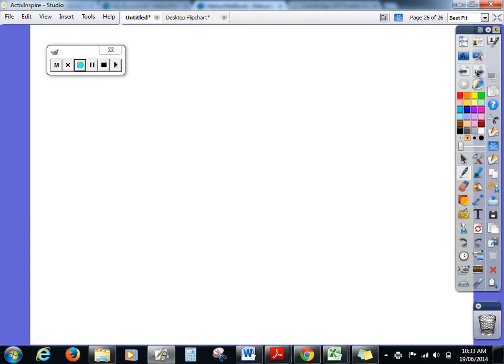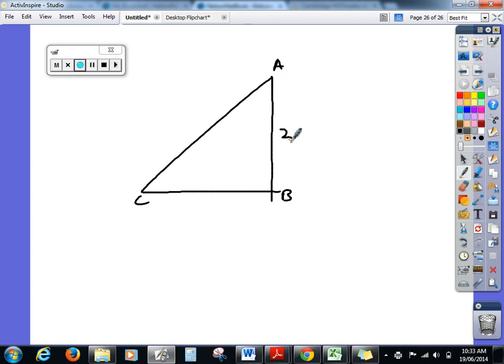If you need to prove that a triangle is right angled, okay, then if you find that this point here, A, B, and C, if we find this is 2 and this is 5, then this third line here would have to fit the Pythagorean triad.